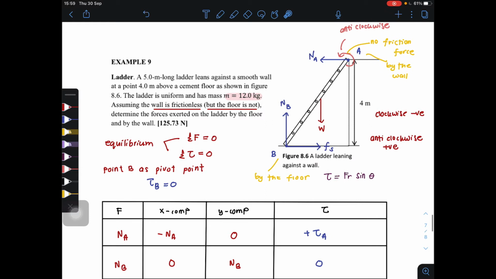Okay, and then here we also need to determine the direction. So now we push the ladder downward.